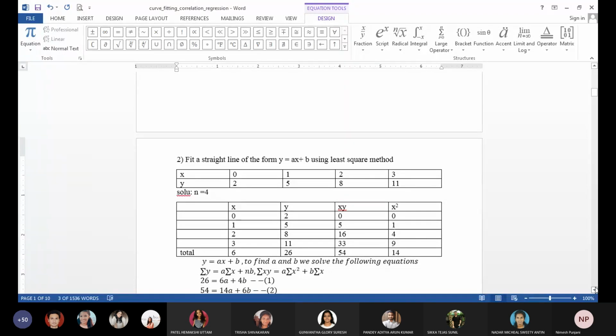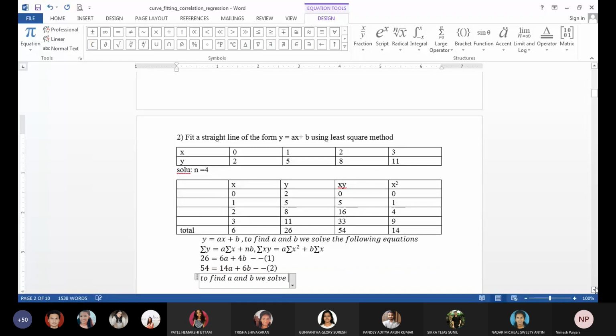Find A and B. We solve 1 and 2 simultaneously. So now I will not tell you A और B के values क्या हैं. You will tell me.